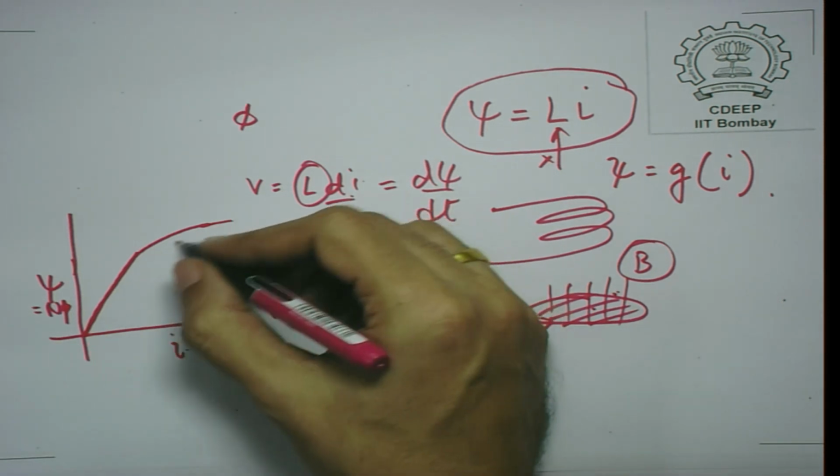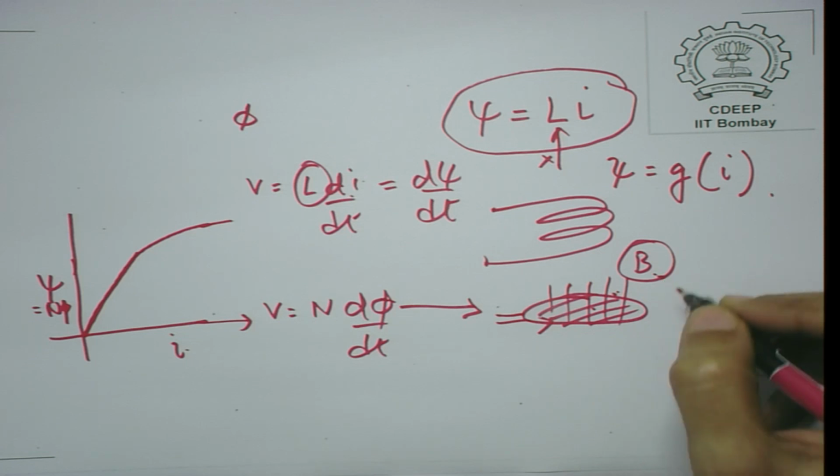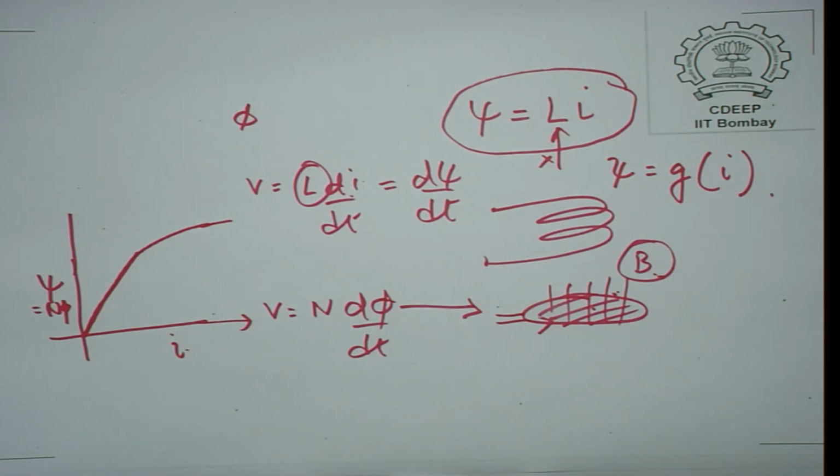After a certain point you will find that the flux density in the core does not increase. For a ferromagnetic material, for a small current you can get a higher flux density because the relative permeability mu is high. But this relative permeability saturates. After a point you will find that the change in I is not creating the same amount of change in flux as you would have expected. This is called saturation.